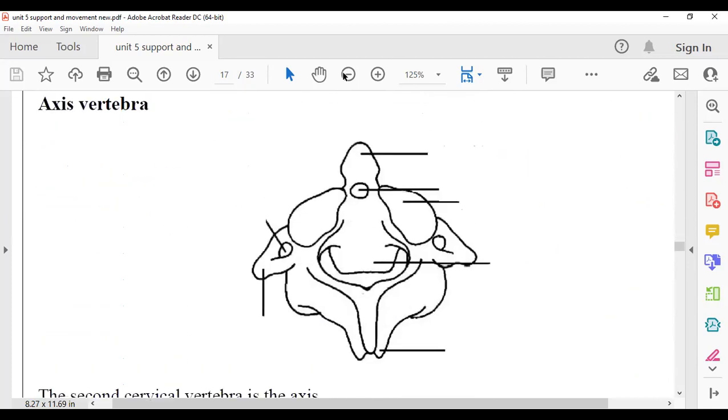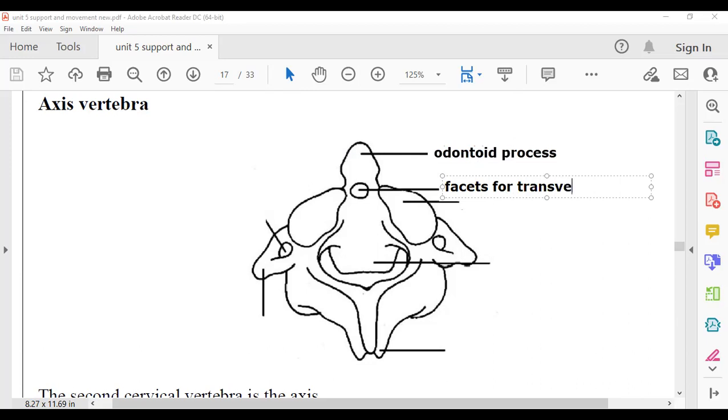If you take the axis vertebra, the unique feature is this. What is it? Odontoid process. After the odontoid process, what is this? Facet for transverse ligament.